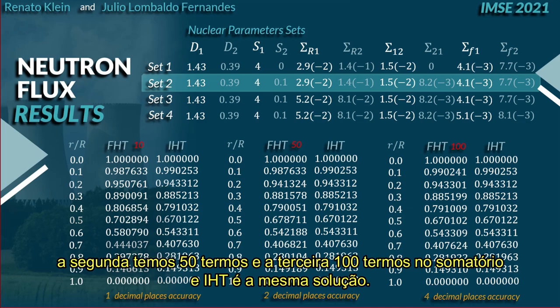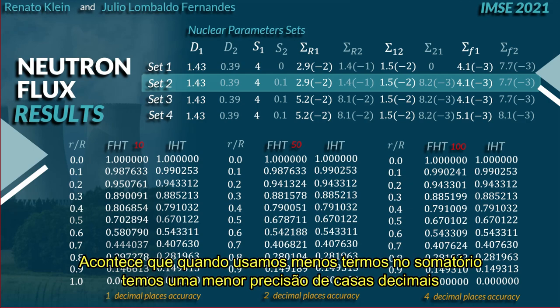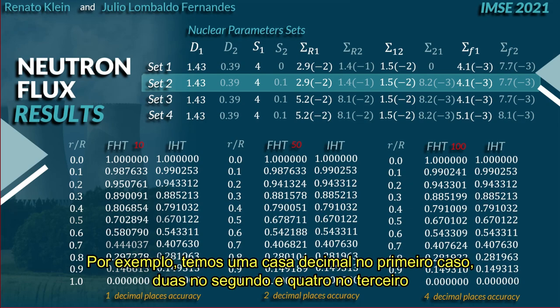And EHT is the same solution, because it is the closed solution for the problem that is being approximated. When you use fewer terms of the summation, we have fewer decimal places of accuracy. For example, 1 decimal place of accuracy, in the second case 2 decimal places, and the third one 4 decimal places of accuracy.